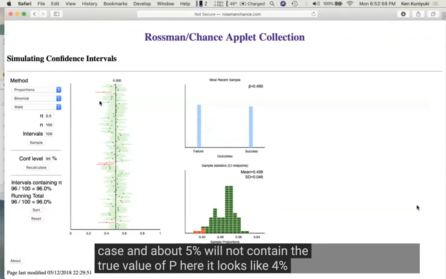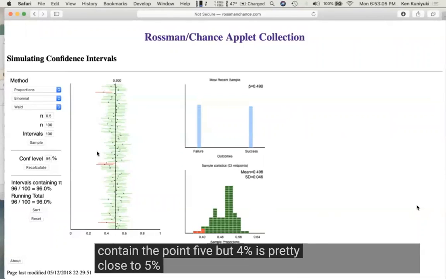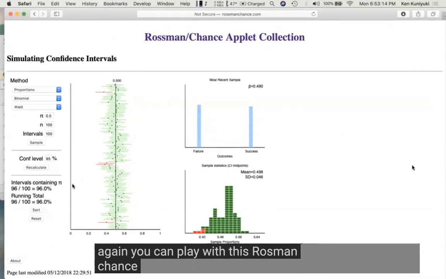Here, it looks like 4% of the confidence intervals failed, did not contain the 0.5, but 4% is pretty close to 5%. We expect that about 5% of the 95% confidence intervals will fail. And again, you can play with this Rossman chance applet.